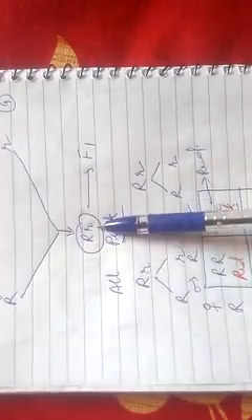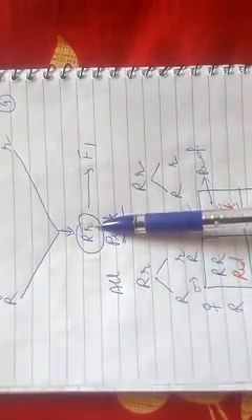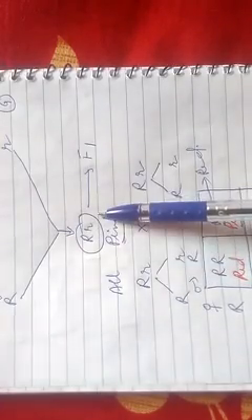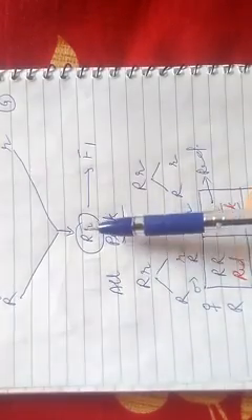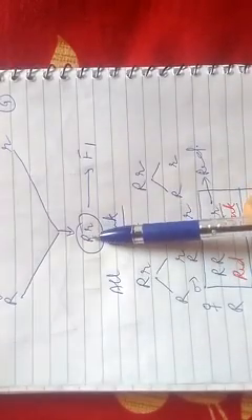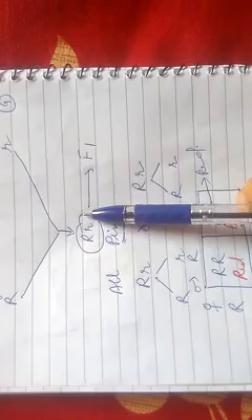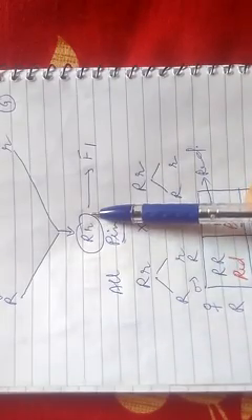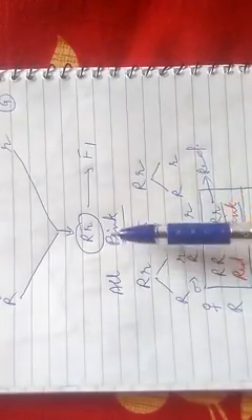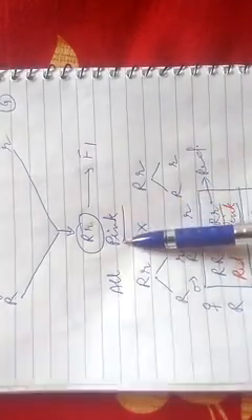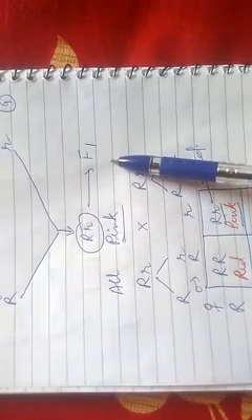Capital R, small r is the genotype. And according to Mendel, an individual with this genotype should have produced red flowers or red color. But actually here, all the flowers produced are pink, an intermediate color between both of its parents, right.